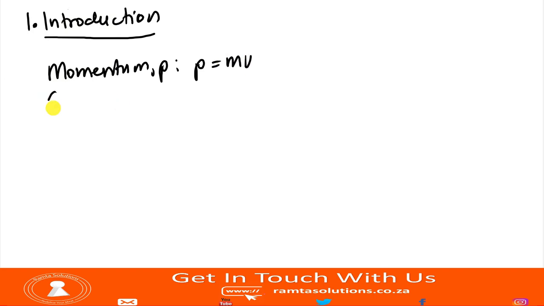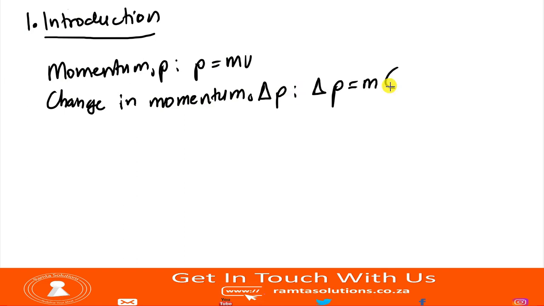And then we spoke of change in momentum. When we talk of change in momentum, we say final momentum minus initial momentum. That will be your change in momentum, which is delta P.